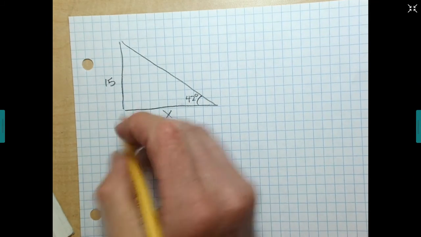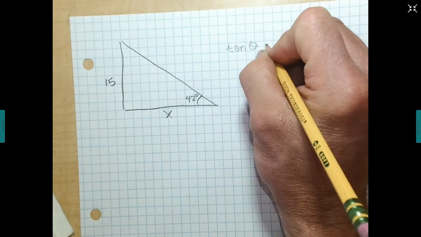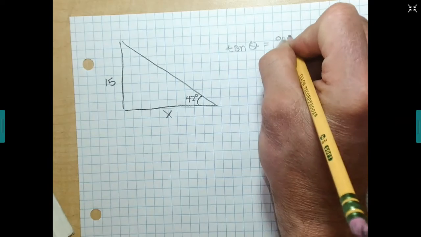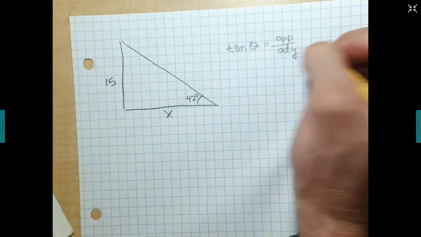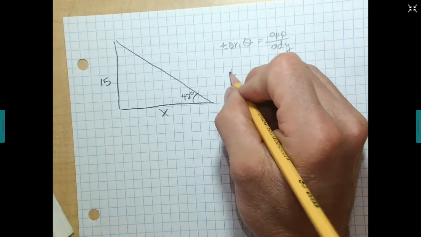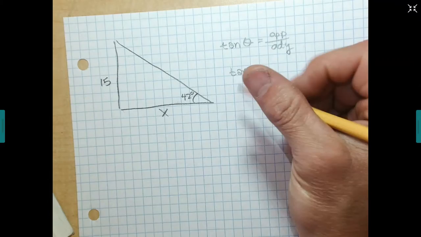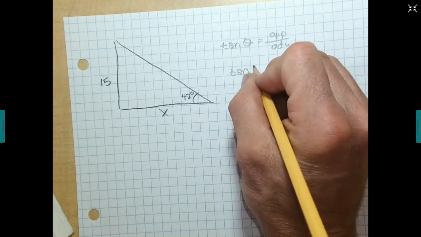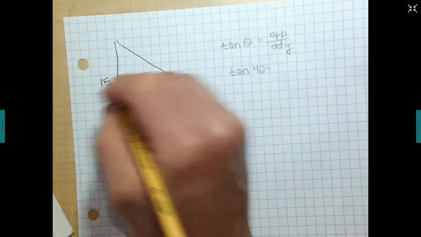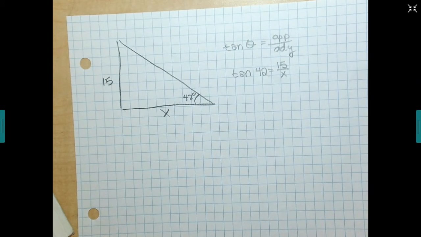So tangent of any angle is opposite over adjacent. So we're doing tangent of 42 equals opposite, which is 15 over x.